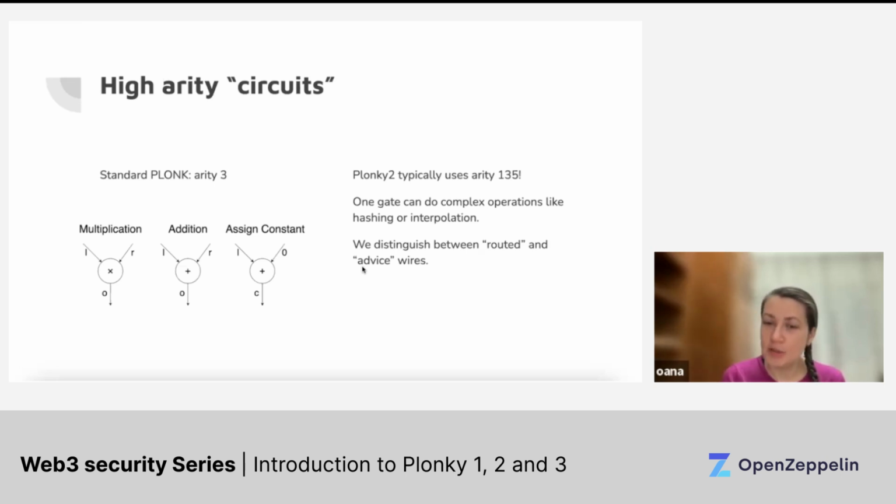So this means that you construct a lot of these specific gates to work with. I wonder how hard it is to come up with these specific gates with such high arity.